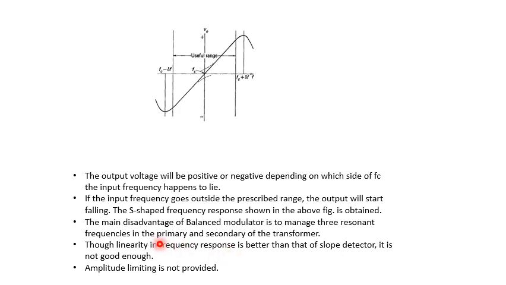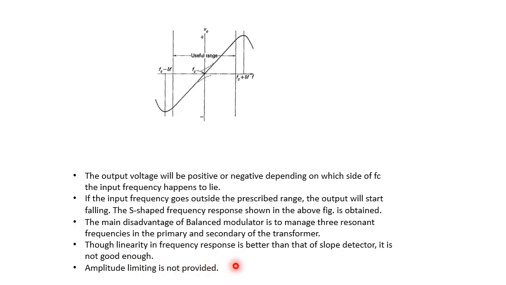The second shortcoming is that the linearity is better than that of the slope detector, but it is still not good enough. And the third is that, as in the case of the slope detector, amplitude limiting is not provided.